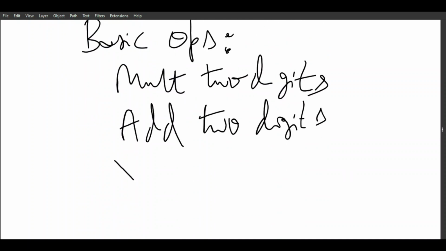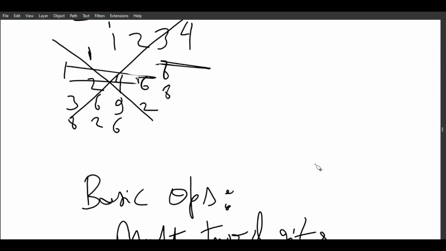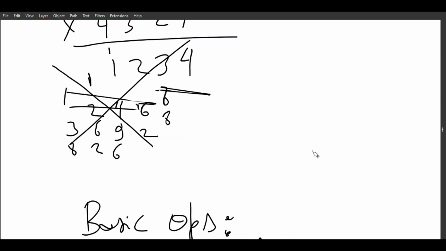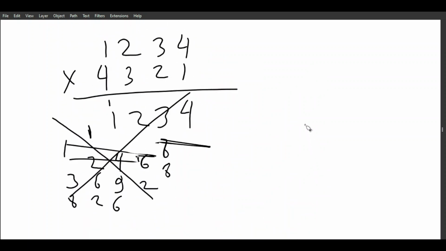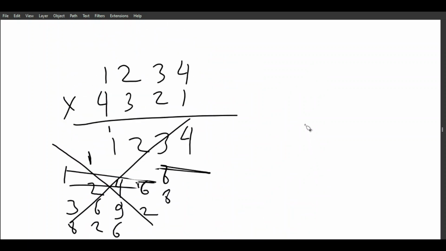So the number of multiplications is 16. How many additions are we doing? Again you can see. Can you tell me how many additions we are doing?